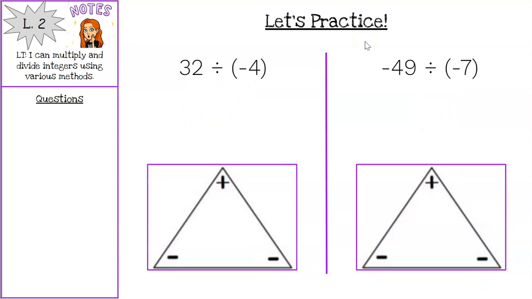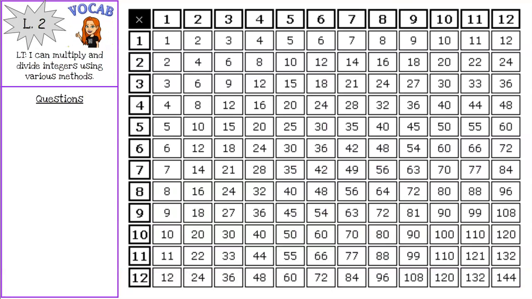All right, now let's do this with division. Same concept. 32 divided by negative 4. Well, let's do 32 divided by 4. Our multiplication table actually helps us with division as well. So we can go to the 4 row, and then we want to scroll until we find 32.